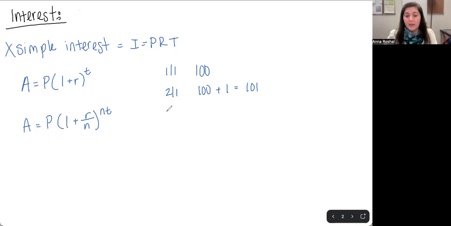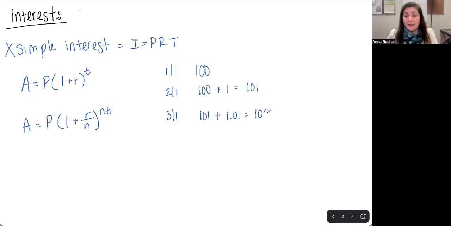February 1st. March 1st, what's going to happen is I haven't touched anything in my account in February. So March 1st, I'm going to have $101 plus that 1% that I earned on $101. 1% on $101 is $1.01.